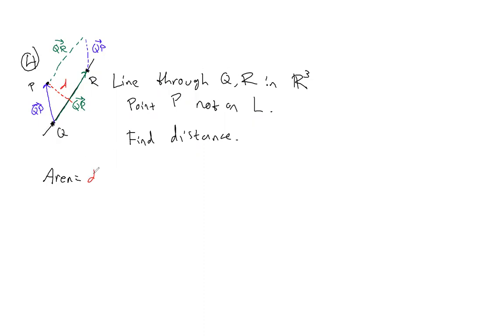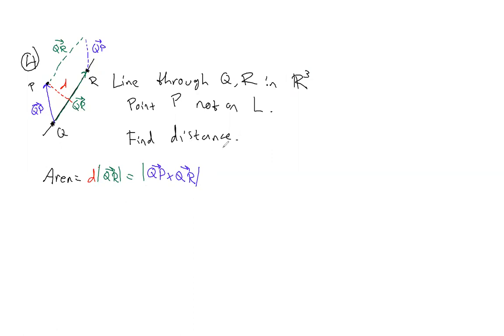You can either write it as the distance times the magnitude of QR, which is the standard formula for the area of any kind of parallelogram. But at the same time, we already know in this class that the area of a parallelogram is also given by the magnitude of the cross product. So you can also write this as the magnitude of QP cross QR.